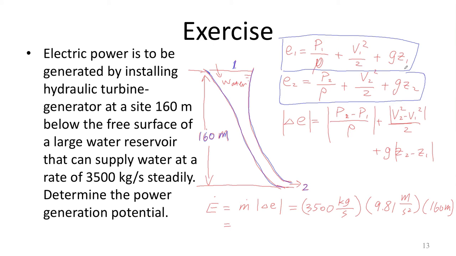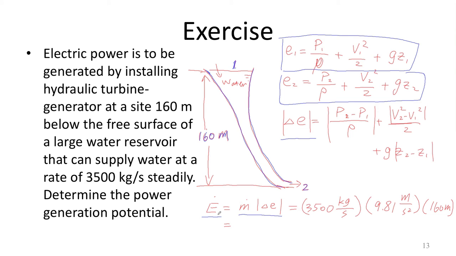If we know the mass flow rate of the flowing water, we can multiply the change, delta E, by the mass flow rate, and we can get the potential to produce electric power based on that rate of energy change between these two points.